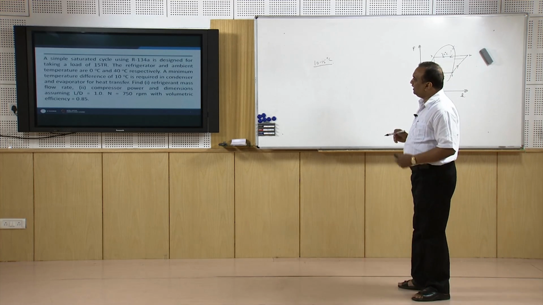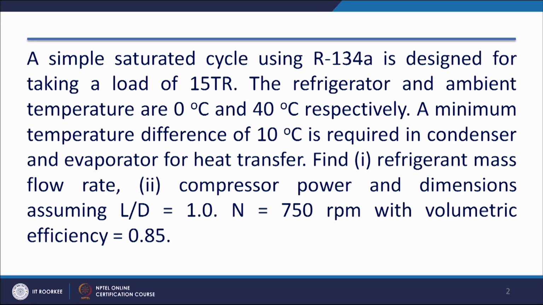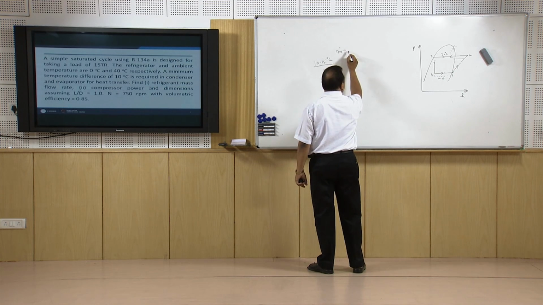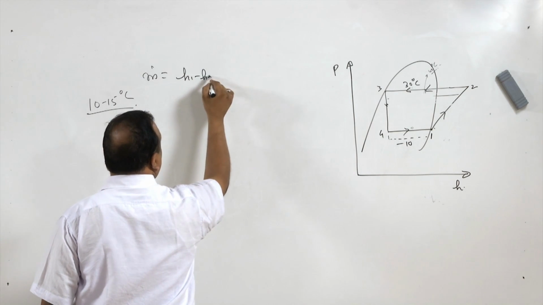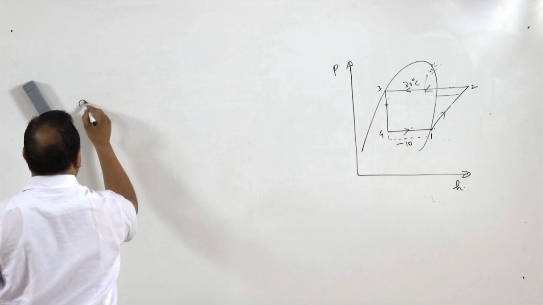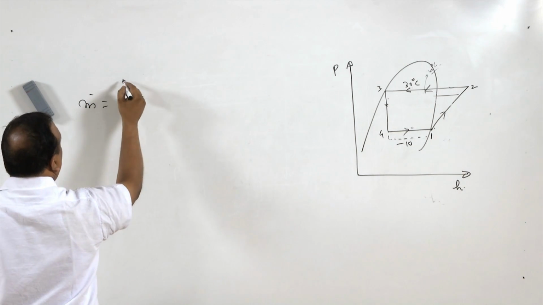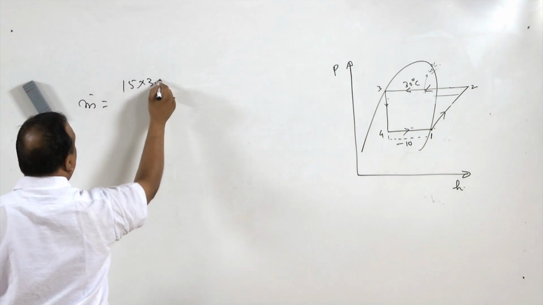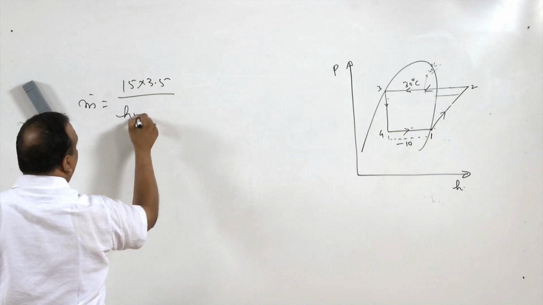Now, second thing in this numerical is we can always find out compressor power because mass flow rate is equal to tonnage divided by H1 minus H4, and tonnage required is 15 ton. So mass flow rate is tonnage, already given as 15 tons of refrigeration, divided by H1 minus H4.